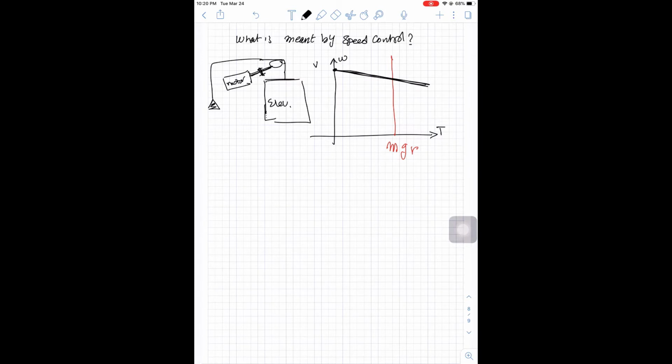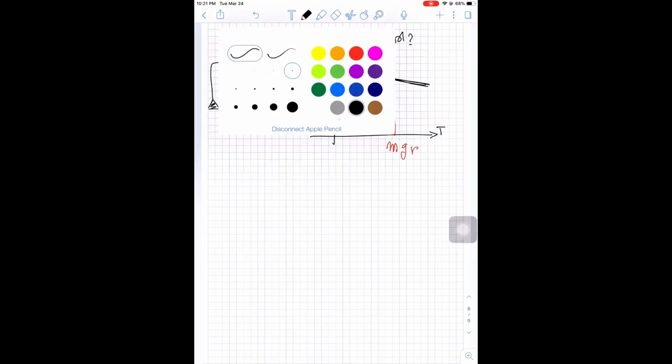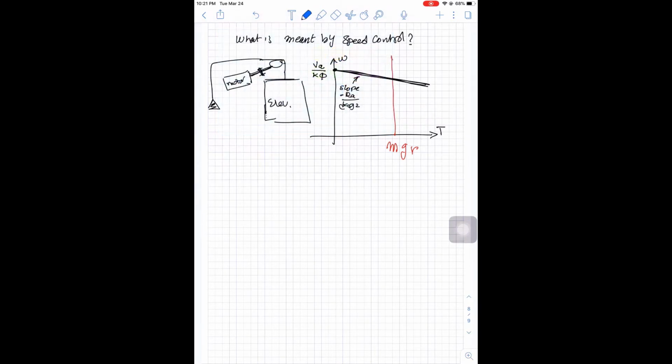So this value is VA divided by K phi, and the slope of this line is minus RA divided by K phi square. And this point here will be the operating point. This is your running speed. So your machine and your load will run at this point. This is omega operating. This is the operating point.